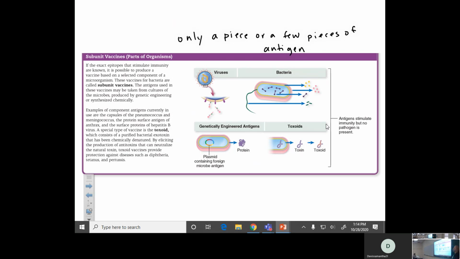Just specific pieces, yeah. So specific pieces are not dangerous to us. But the drawback is they don't give as lasting immunity because we're only giving, like 1 to 3 pieces instead of 86, like if it was a whole cell.